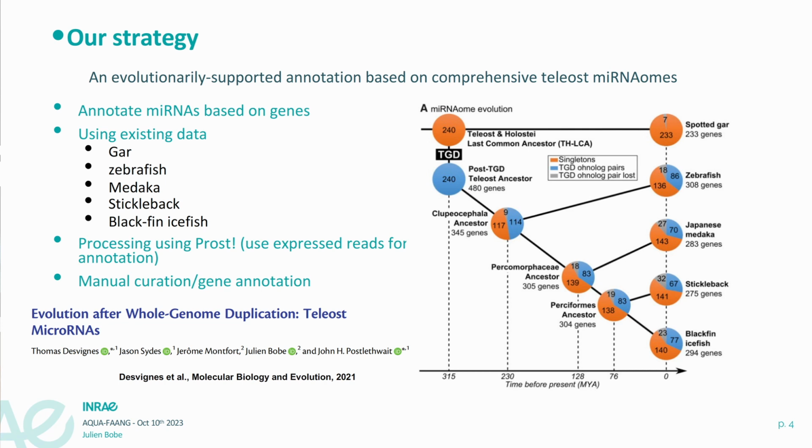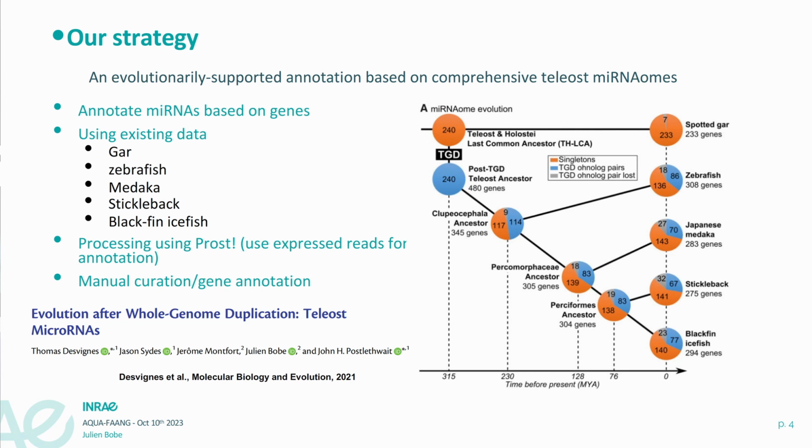So the approach that we've used: because the gene repertoire of microRNAs is much smaller than that of protein coding genes, we track all the microRNA genes in teleosts from before the teleost genome duplication, using Holostean species like gar or bowfin, and track the gene repertoire in different species.